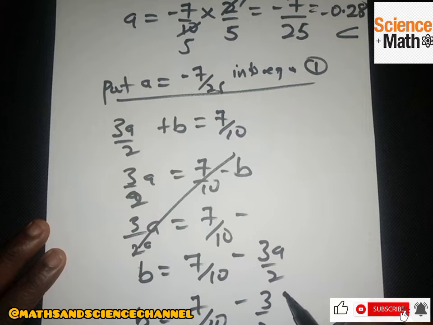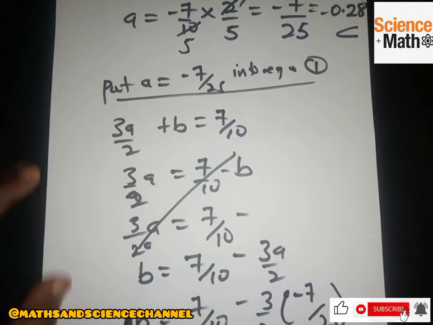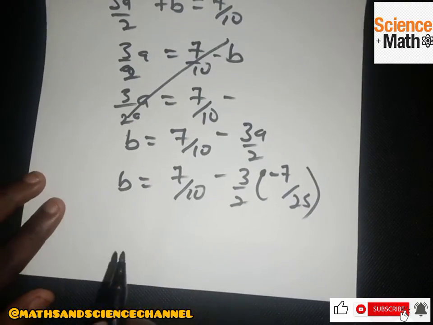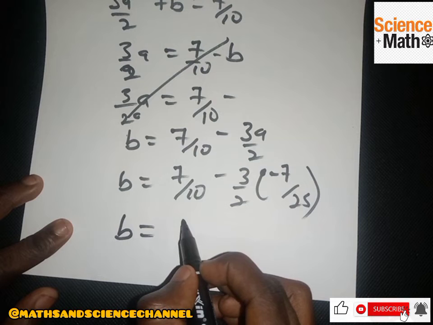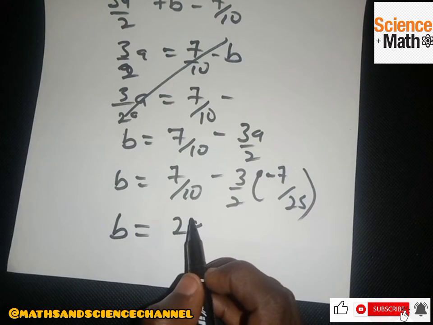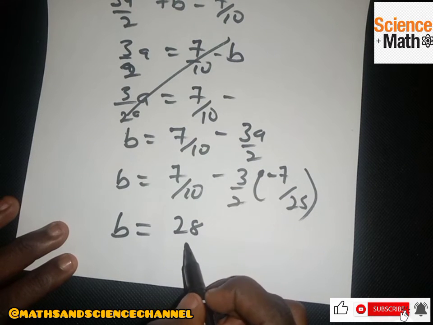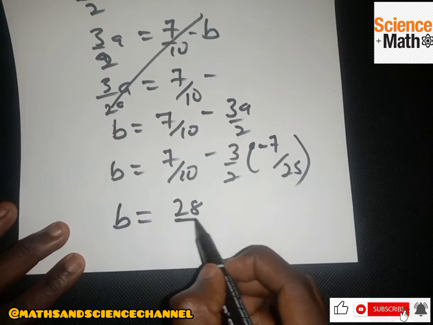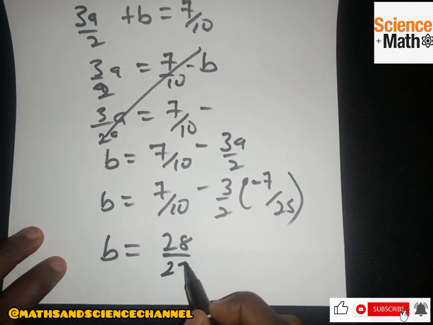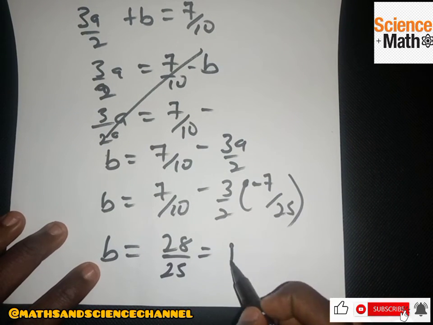Then b will just be 7 over 10 minus 3 over 2 multiplied by that of a, negative 7 over 25, and when we compute the whole of that, we are just going to get b to be 28 over 25, which is just equal to 1.12.